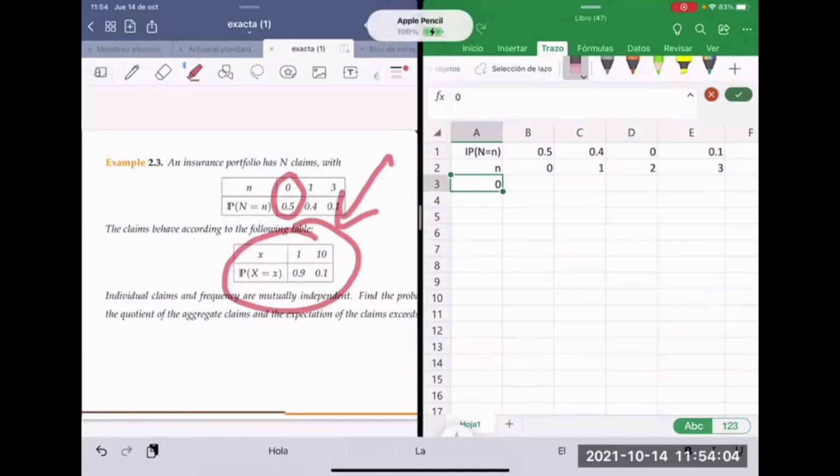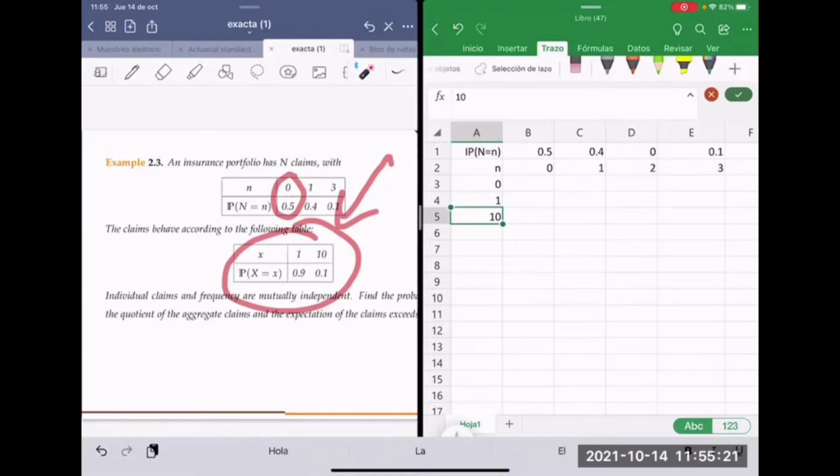So in here it can take on the value of 0, then of course it can take the value of 1. It's not necessary to consider all the other points in here. For the severity distribution, we only have 2 mass points, 1 and 10.